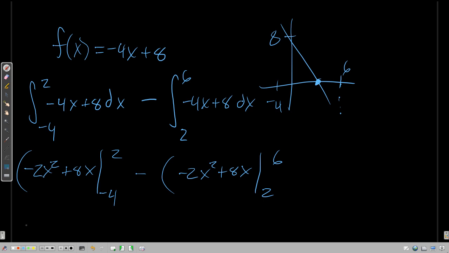Okay, so this would be easy to do with geometry because it's just a line, but you know, later on you're going to have some crazy function and you're going to have to do it like this. Okay, top minus the bottom. So here you'd have negative 8 plus 16.